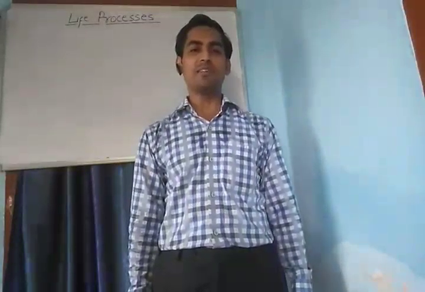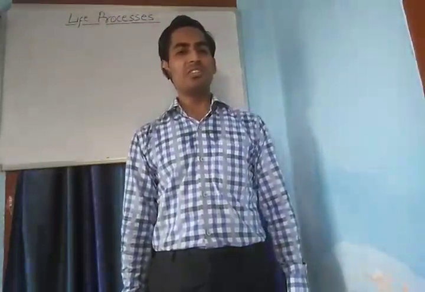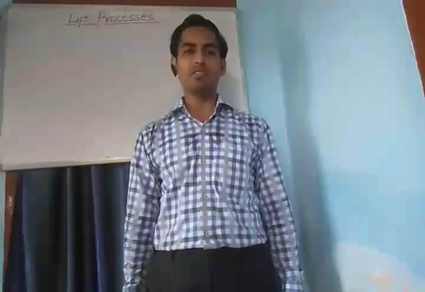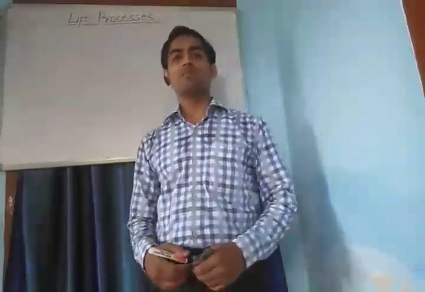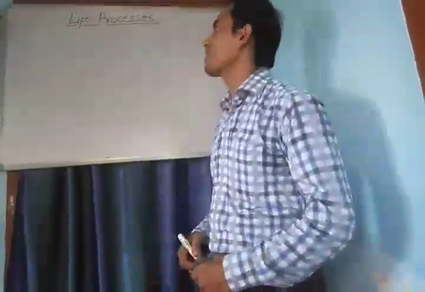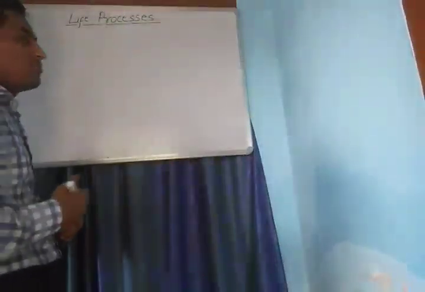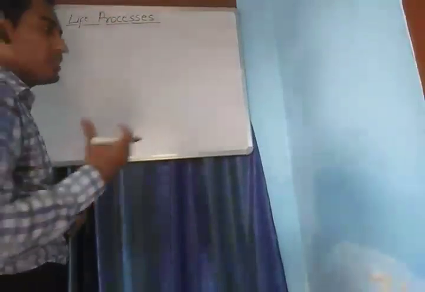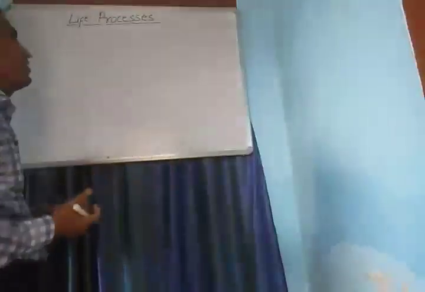Myself Vikash Kumar. In this video, we shall start and discuss a chapter of class 10th, life process. So, let's start this chapter. Now, if we are talking about the life process, the first word that comes is life. What is the meaning of life here?